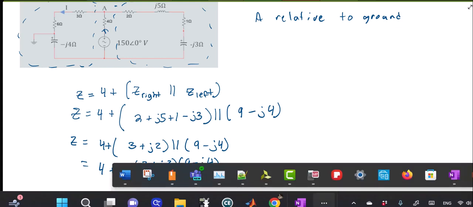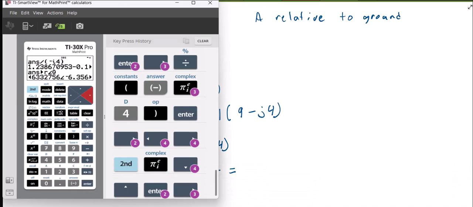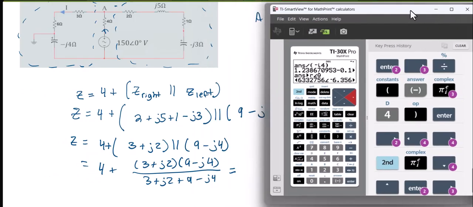Okay, so I did this problem in a number of different ways, and now I can't find this way.